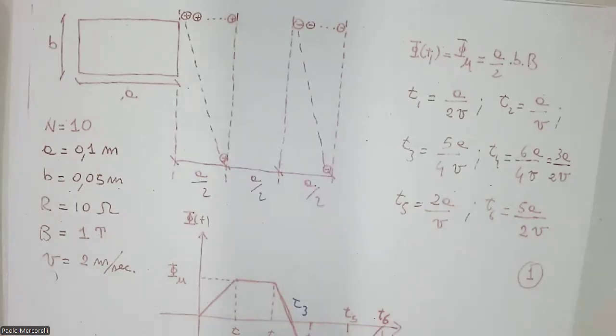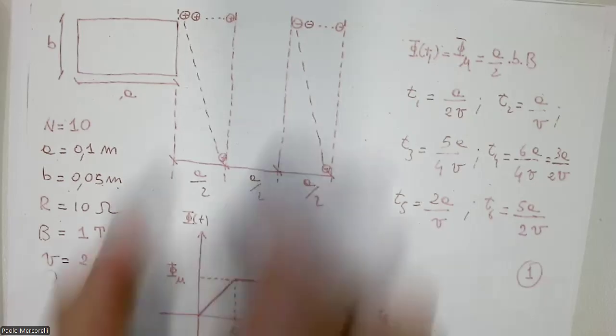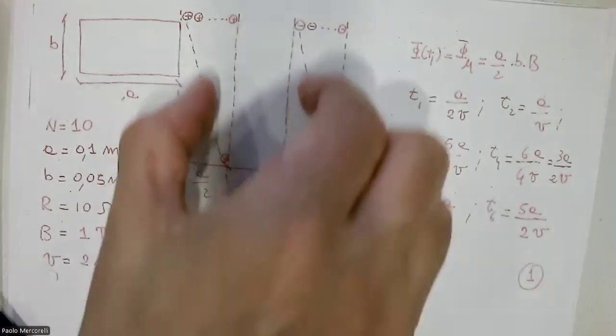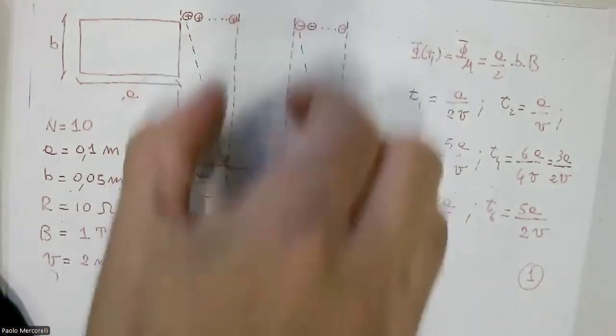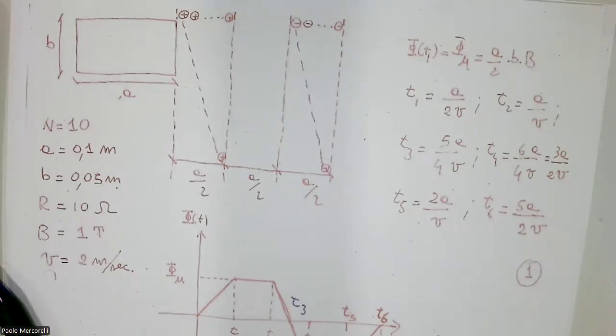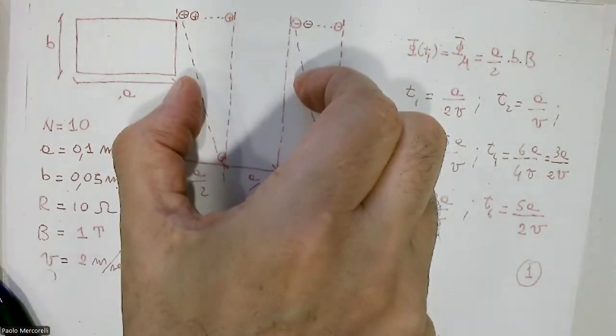Or if you don't like this concept, try to calculate T3. When we have T3 in the middle, we have something in the middle which doesn't give a contribution in terms of flux. Then we have right minus and left plus.